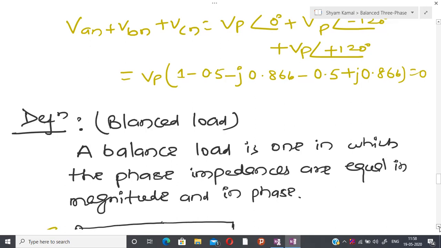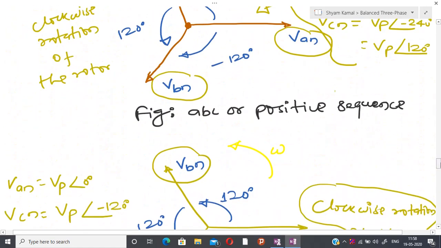And please do not confuse this arrow, whatever direction I am showing, with omega. I am showing something by omega here, so please do not confuse.